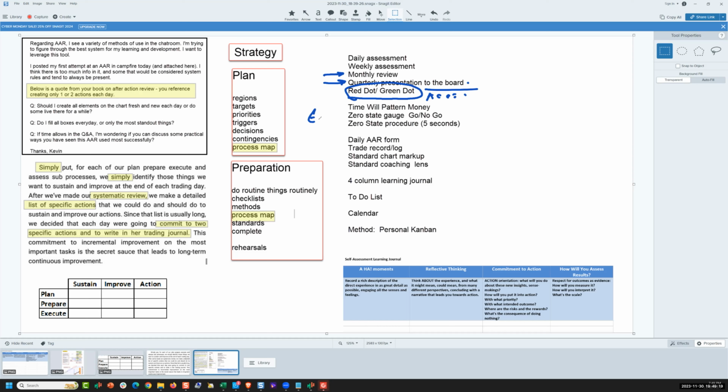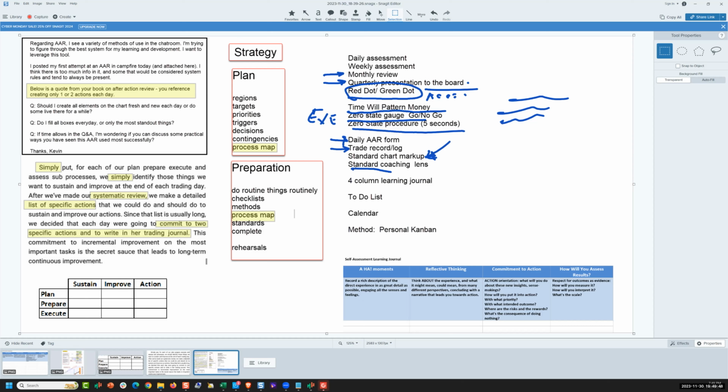If I'm looking at execution, I should only be trading things that I've prepared, and I should be good to go on time, will, pattern, and money, and I should be in the zero state, and I should have a process that allows me to get into the zero state quickly. And then at the end of the day, I'm marking up my charts and all that other stuff, and I'm recording all my trades, and I perform my daily AAR, and I mark up my charts the same way every time.